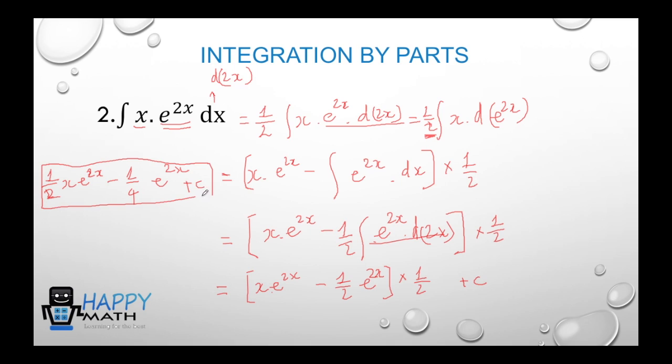And this function you cannot integrate by substitution, because in this example it is very difficult to calculate e power 2x following x, because they are two main functions, totally different functions from each other. So you have to apply the integration by parts.